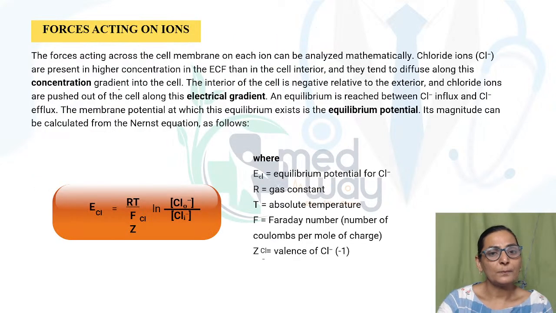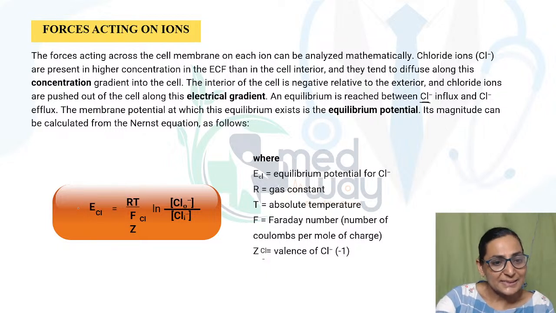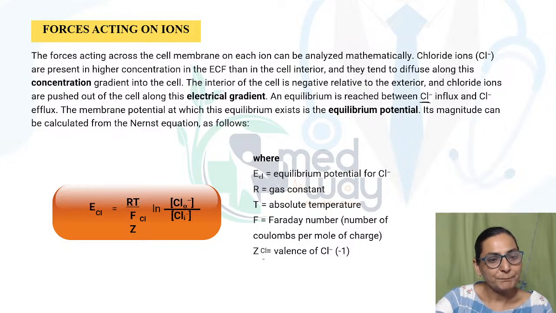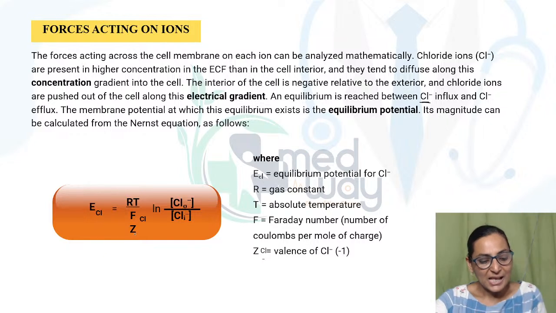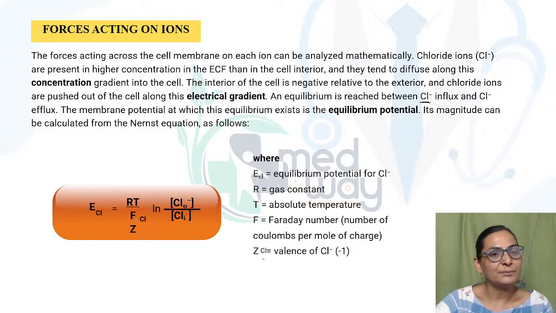Now let's look at an example. How do we calculate the Nernst potential? Here I have taken the example of chloride, right? It is given by the formula: equilibrium potential for chloride is equal to RT by Fz, where R is the gas constant, T is the absolute temperature, F is the Faraday or the number of coulombs per mole of charge, and Z is the valency of the ion considered, chloride, potassium, sodium.